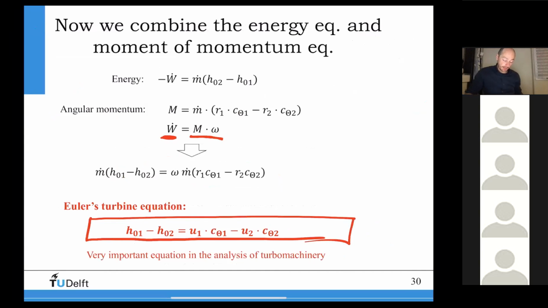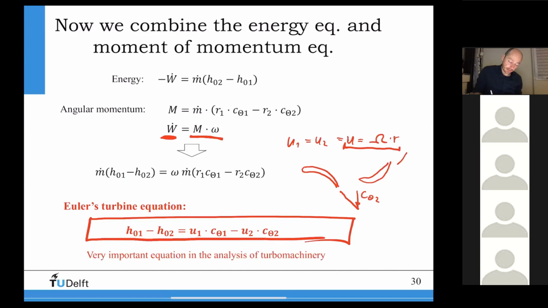And the Euler equation basically tells me now how much, if I know the velocities, if I know my rotational speed. So let's say I know U1 is equal to U2 is equal to U. If I know the radius and the angular speed, then I can calculate U because it's nothing else than omega times R. Then I know my U. Then if I look at the turbine stage, for example, and I know my C theta 2, then I have the rotor.